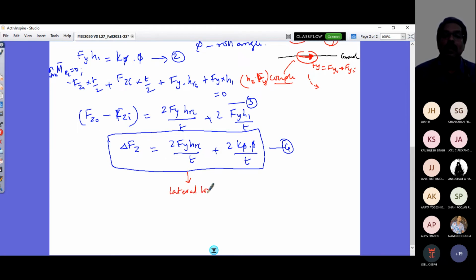Lateral load transfer due to cornering force. Right. So this portion is due to that, due to cornering force, where it is realized in your axle.